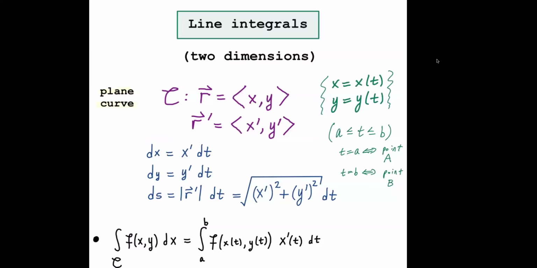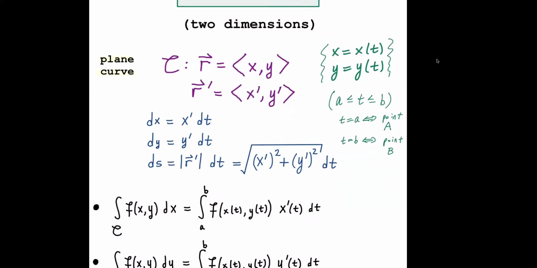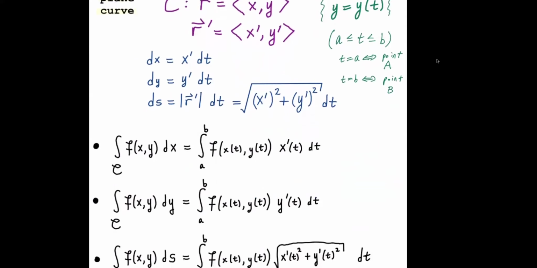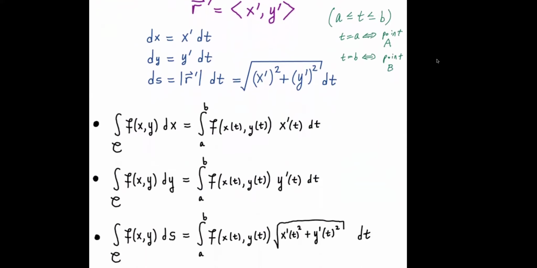Now that we've parameterized the curve, we can do any sort of integral that we want over the curve. The types of integrals that show up take three different forms. First, we have these line integrals of the type that I just showed you, where we're integrating some function against the arc length parameter.